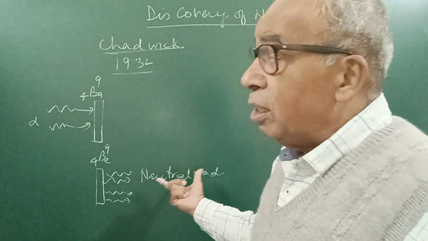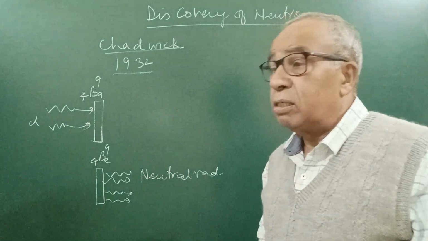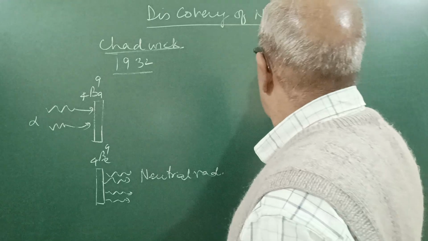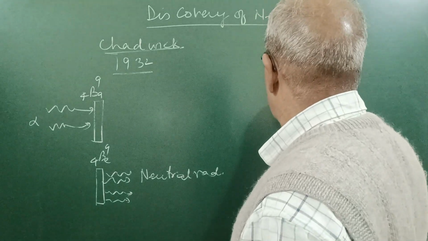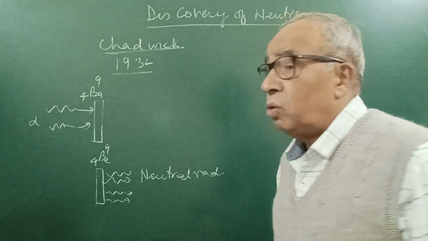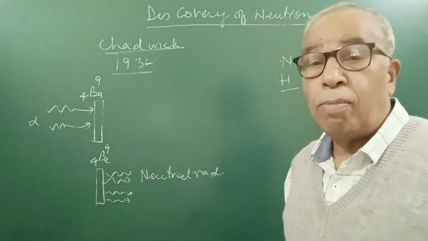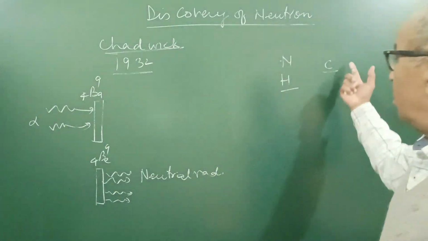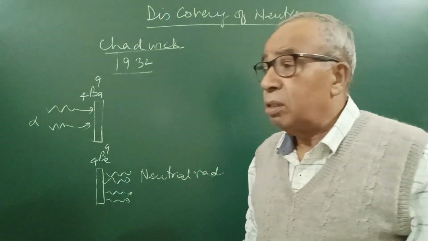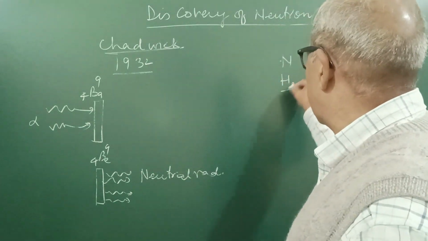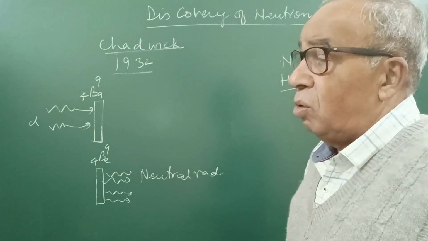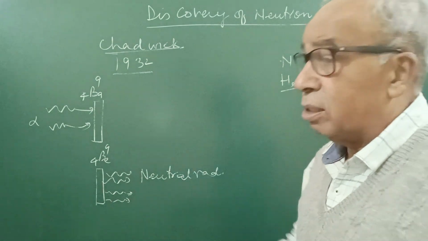And it was found that the neutral radiation could knock out protons from atoms. When these neutral radiations were bombarded on atoms of nitrogen, carbon, helium, sorry, not hydrogen, then they could knock out the proton from the atom.